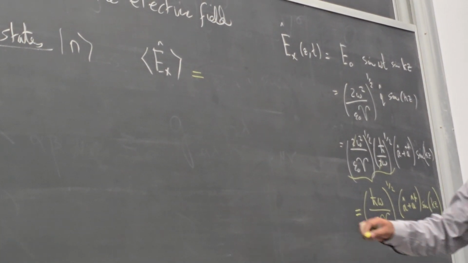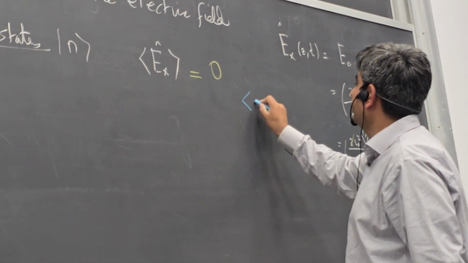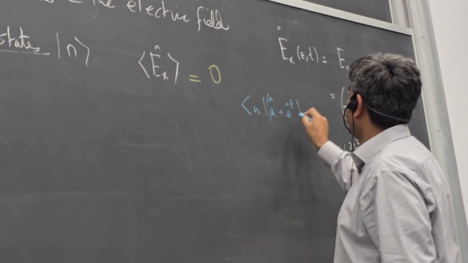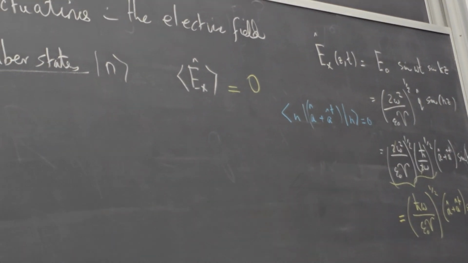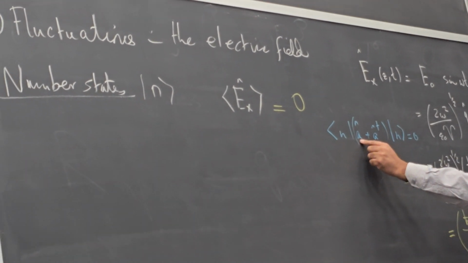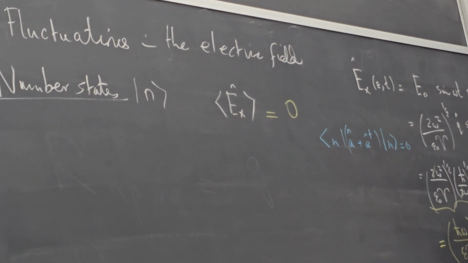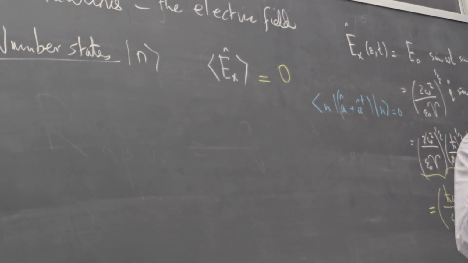This will be zero, because n a plus a dagger n is zero. This is a lowering operator, this is a raising operator, so it lowers or raises and the overlap goes away.